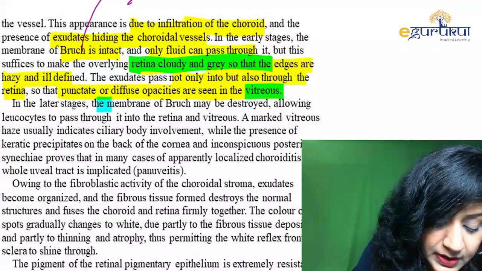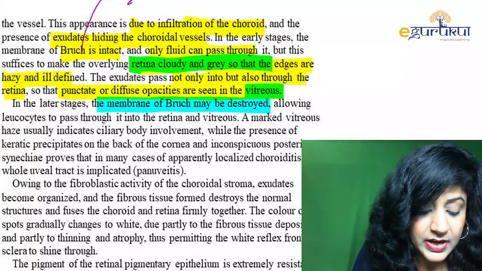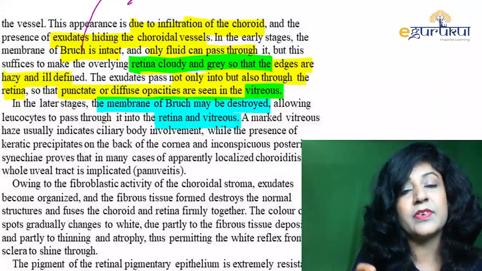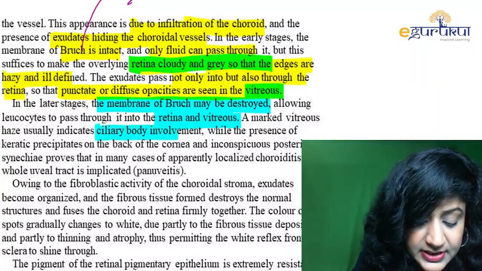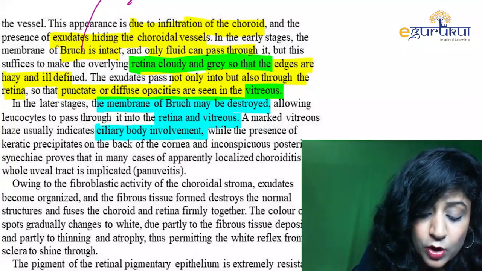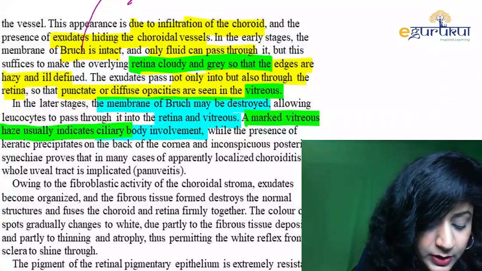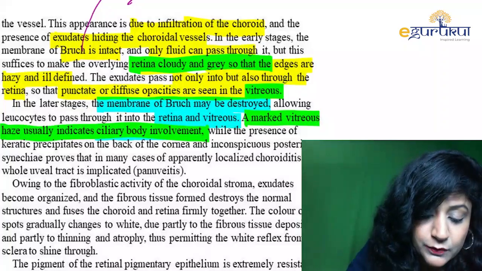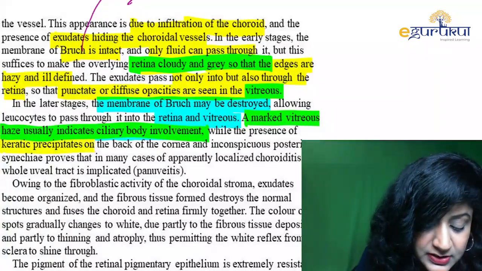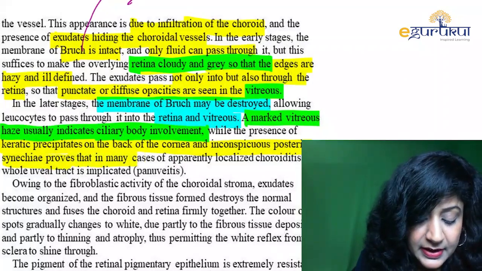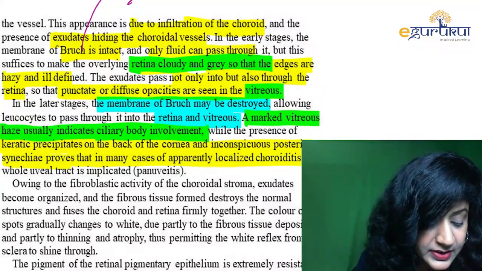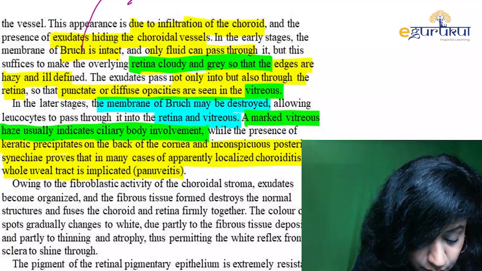Now the Bruch membrane is also destroyed, allowing the leukocytes to pass into the retina as well as the vitreous. A marked vitreous haze usually indicates a ciliary body involvement, while the presence of keratic precipitates on the back surface of the cornea and posterior synechiae proves that in many cases of apparently localized choroiditis, the whole of the uveal tract is included.